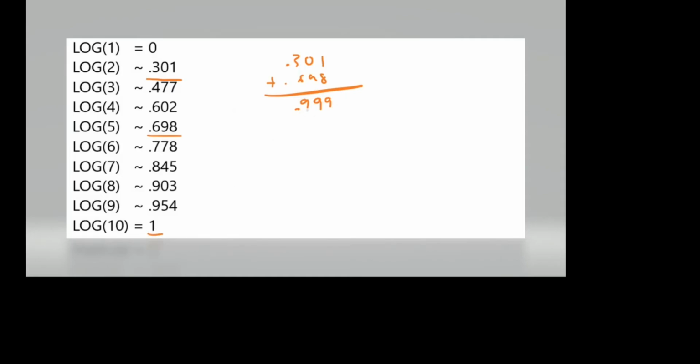So if we recognize that it's converging to the number 1, then we could say it is 1. If we now point back to this, it is 10. So when we did 5 times 2, it's actually 10. But by simply adding two logarithm values together, I can also get 10.